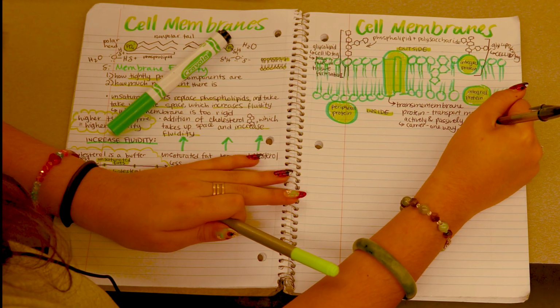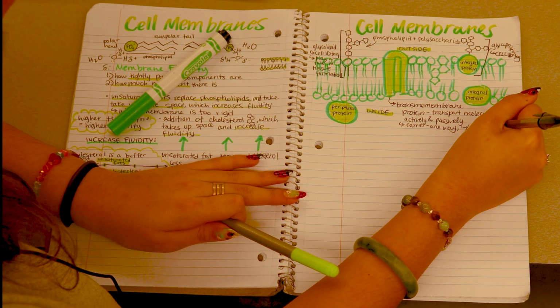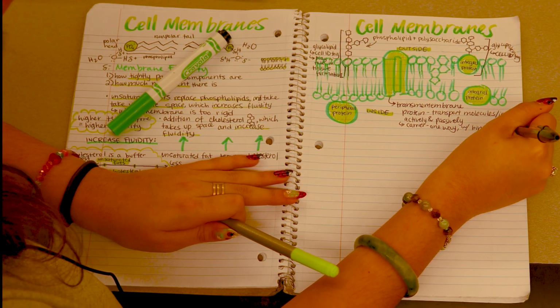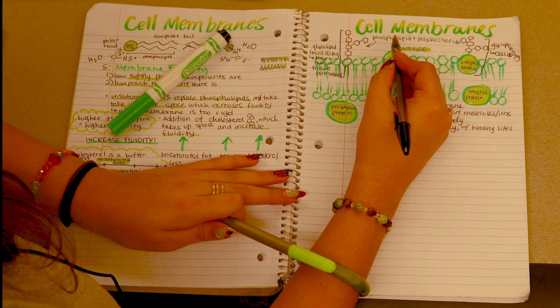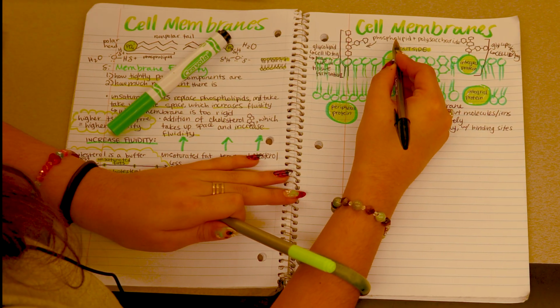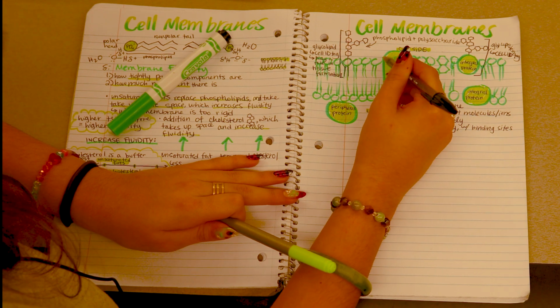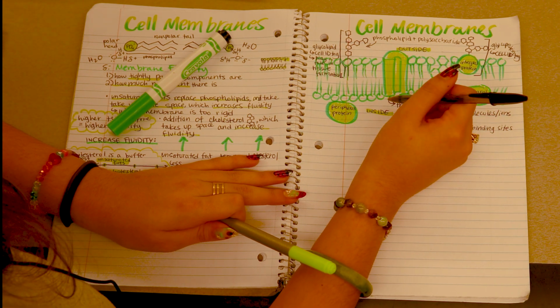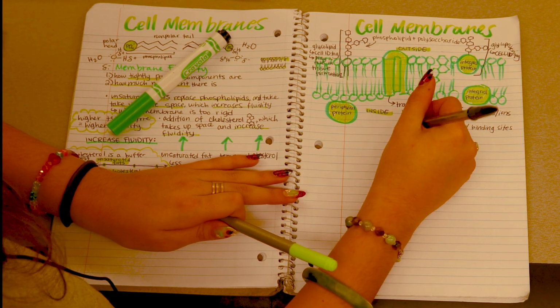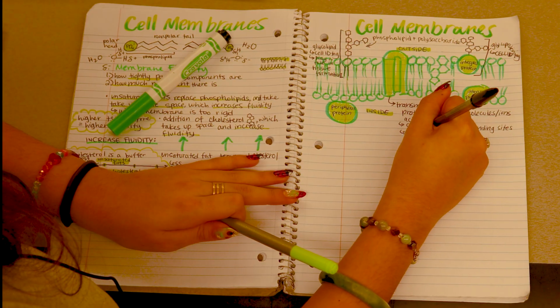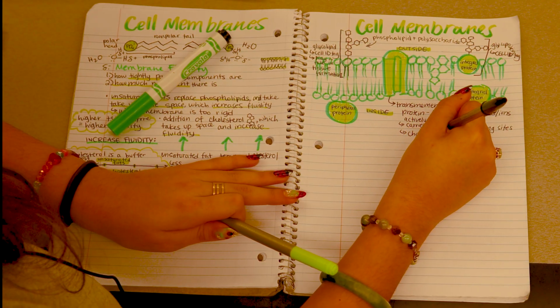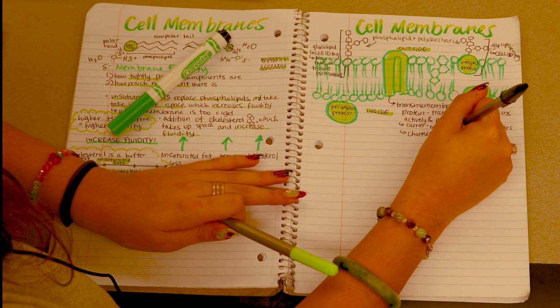So it's one way with binding sites. Maybe it'll accept something here and then be like, okay, now I'm ready. I'm going to shoot it out down here after it bound with the actual protein. Or maybe it'll be something like a channel, which is both ways.